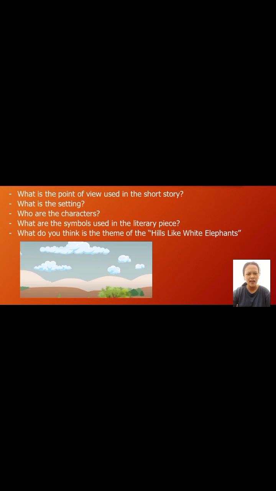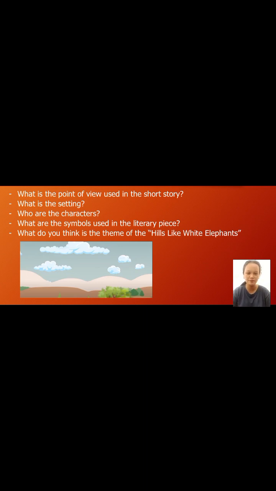Anyway, has anyone got any clue what the sudden topic about the operation was all about before it was revealed? Yes, exactly. It is the abortion that the American man and the girl Jig were talking about. Now, what do you think was the central idea of the short story?